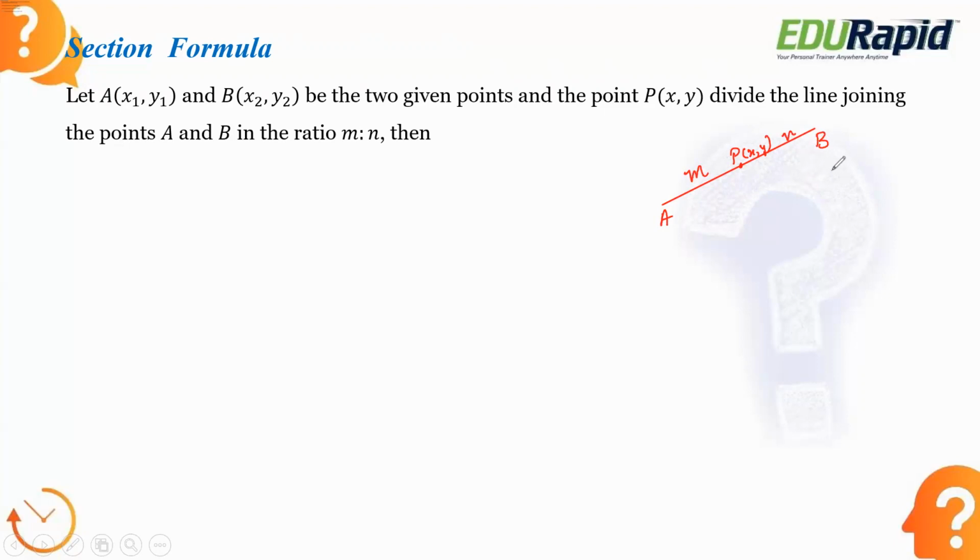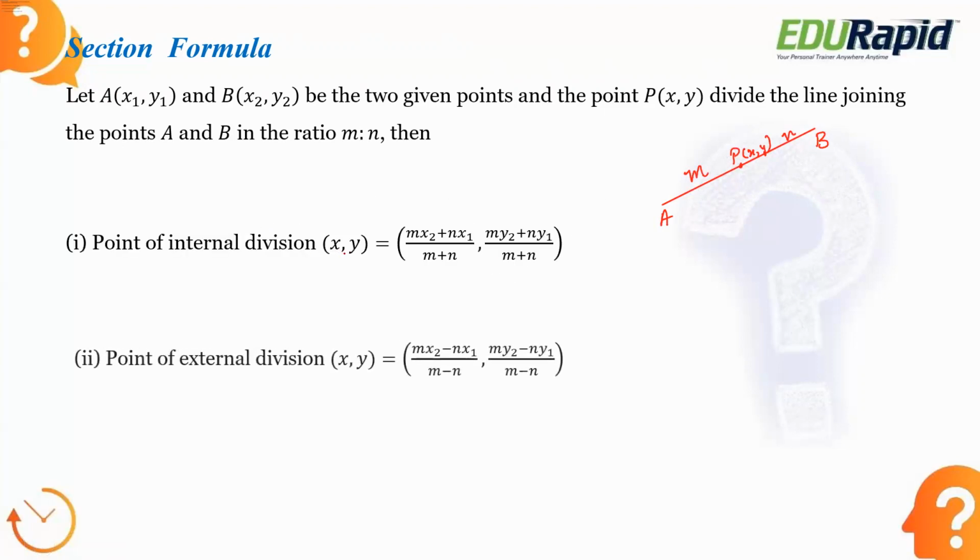So what is the formula for this? The section formula for this would be, for internal division, it is mx2 plus nx1 by m plus n, comma, my2 plus ny1 by m plus n.